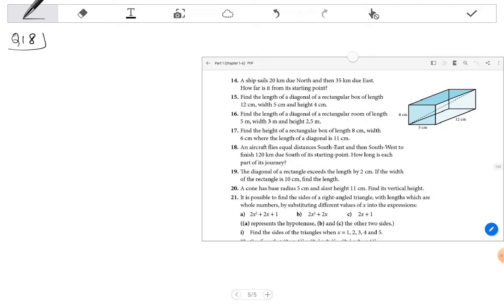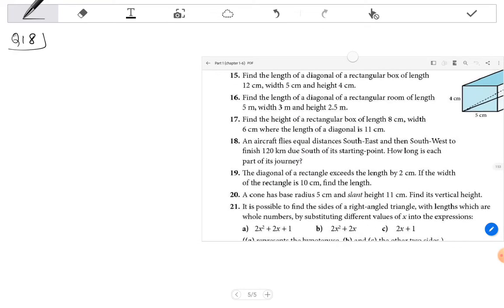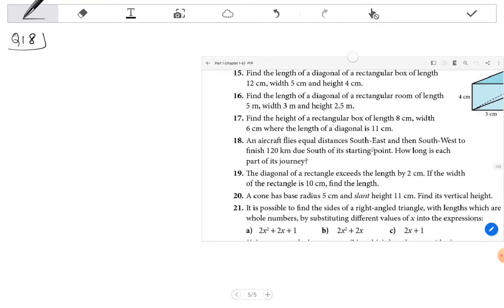So this question: an aeroplane flies equal distance south-east and southwest to finish 120 kilometers due south of its starting point. How long is each part of the journey? An aircraft flies equal distances southeast.